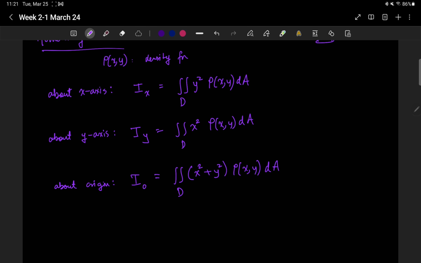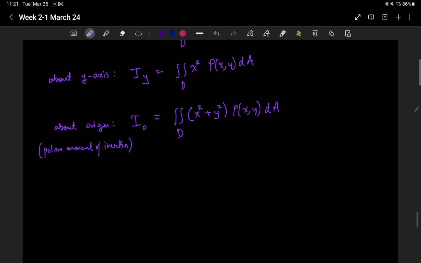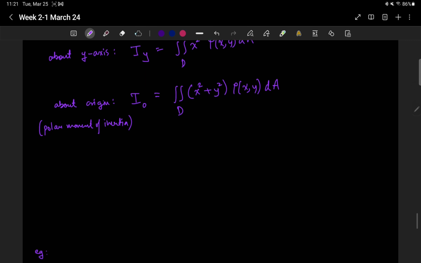So there is something going on with the moment of inertia around origin, where we're taking this distance from the origin, and distance from the origin is r squared, which is x squared plus y squared, which is why this is also called the polar moment of inertia. So you can identify this x squared plus y squared as r squared.